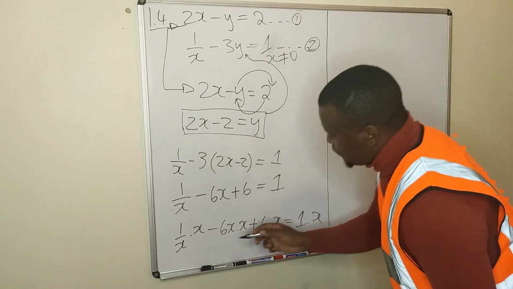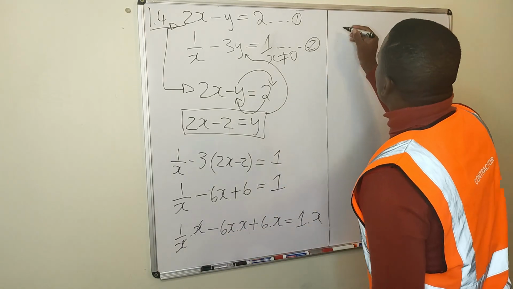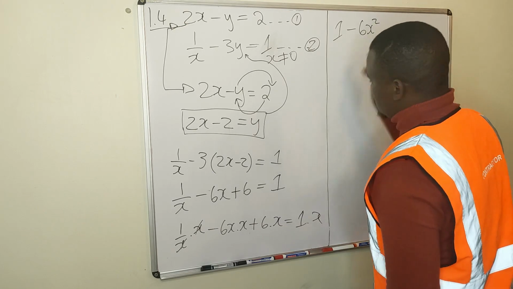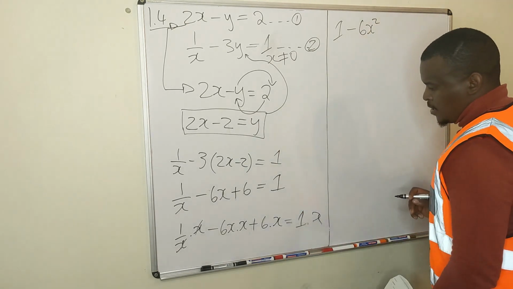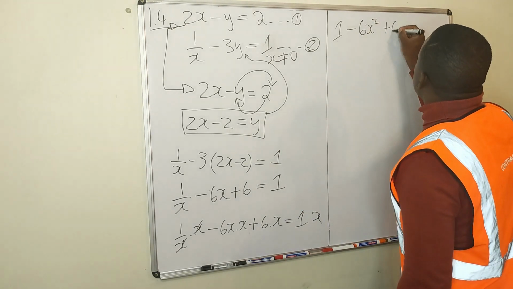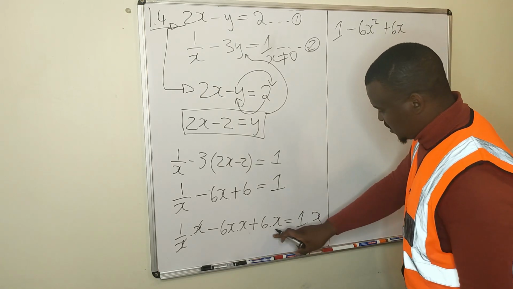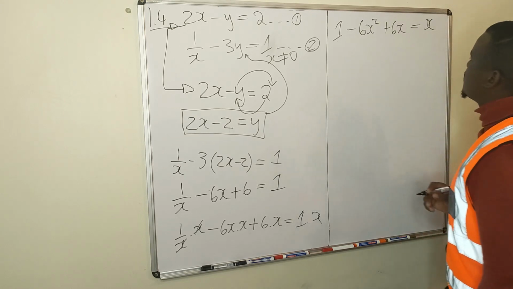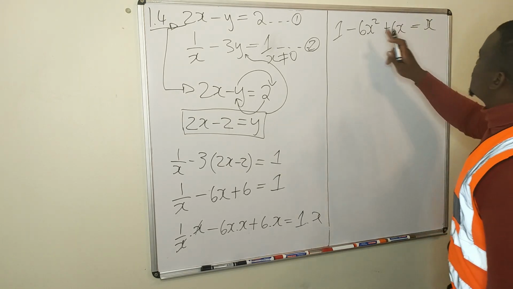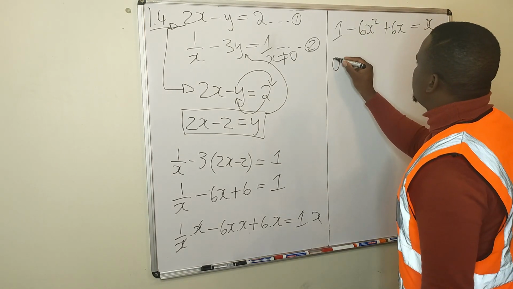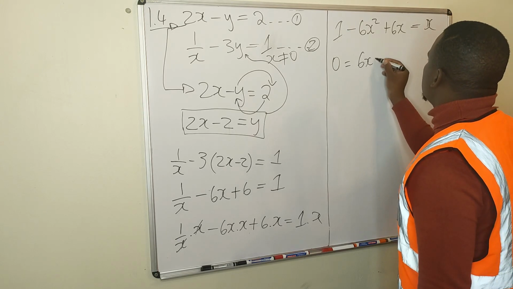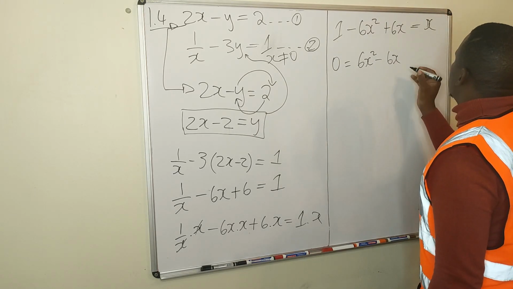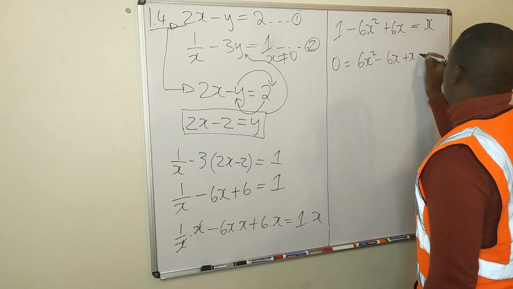What do you have? You have that and that going away. You have 1 minus 6x squared, right? Plus 6x, which is this equation here, is equal to x on that side. So we transpose these guys to that side. We have 0 is equal to 6x squared minus 6x plus x minus 1.